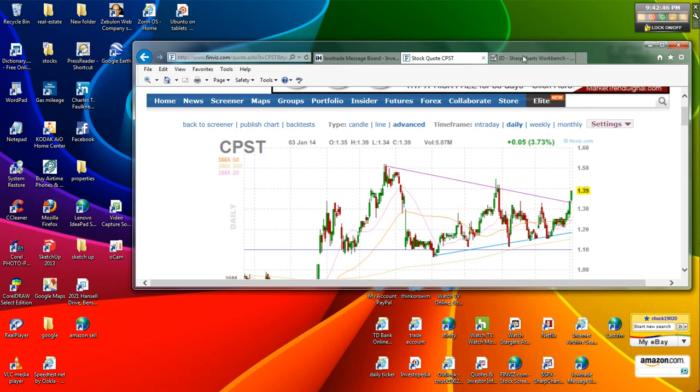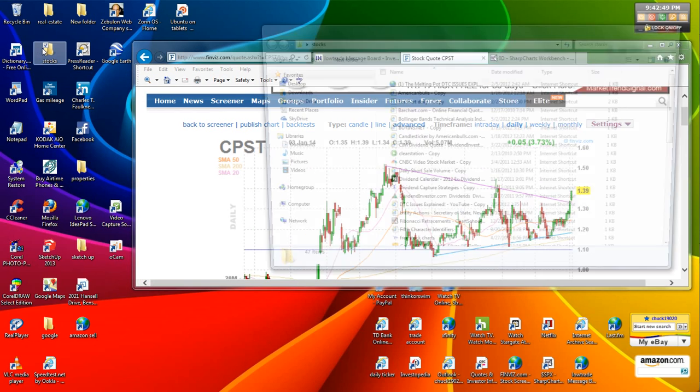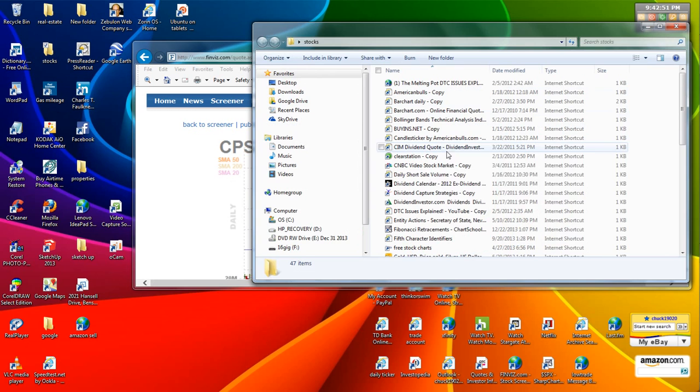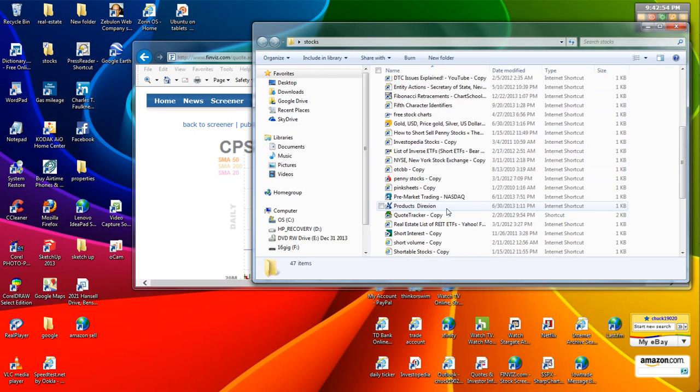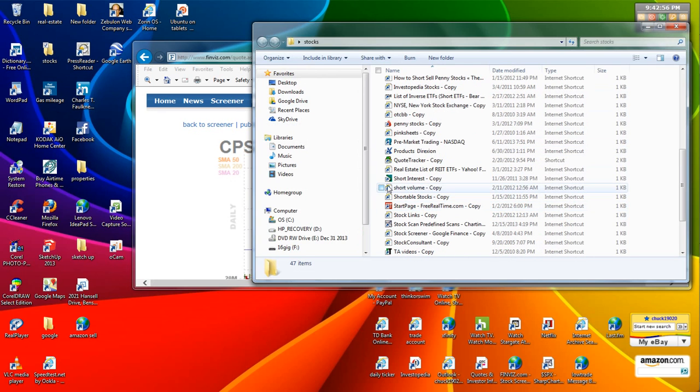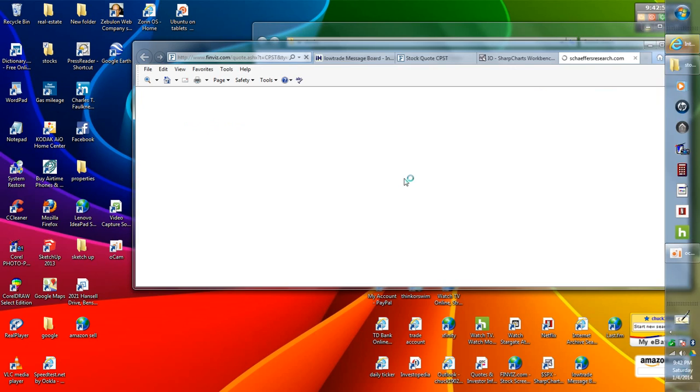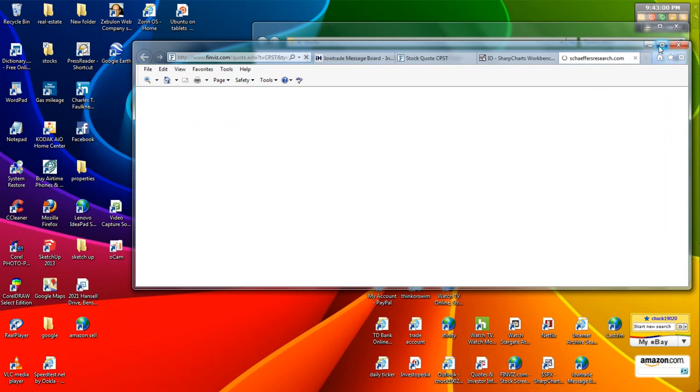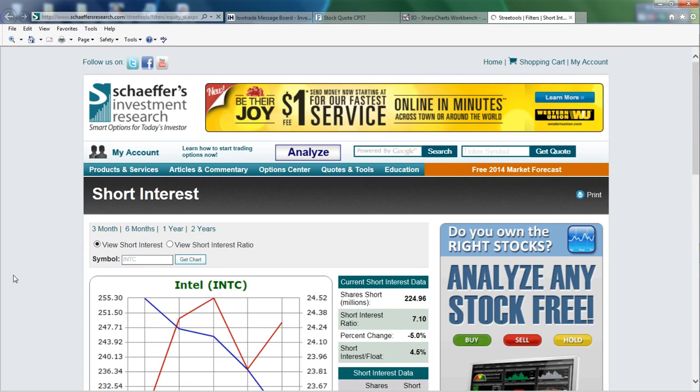Okay, short squeeze. Let me go back here. Where's my short information? Short interest. Okay, we were looking at, what the heck was it? CPST. Let's see what the recent short activity is looking like.